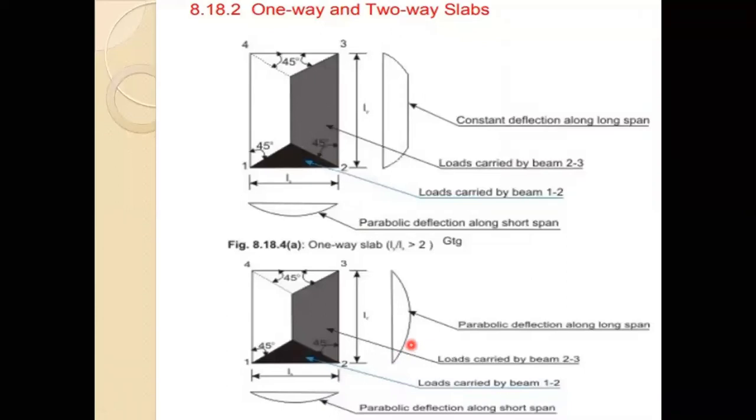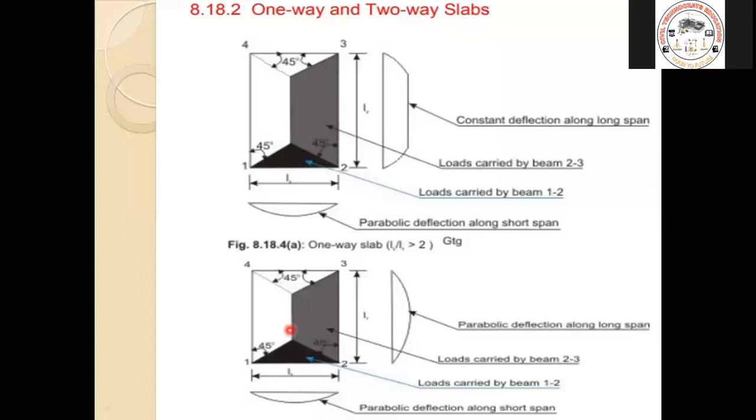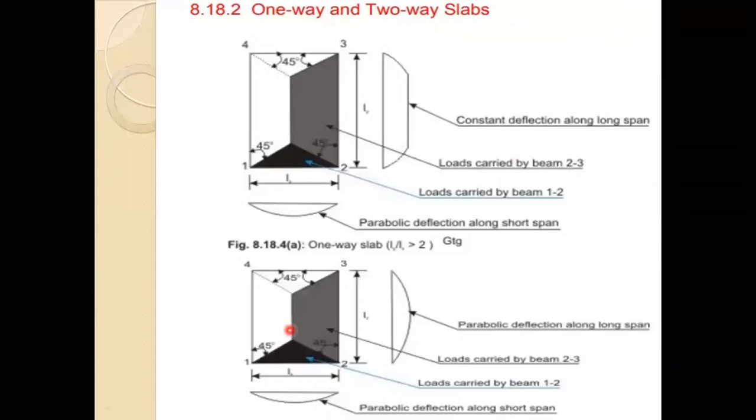That is why in this type of slab the main steel is provided along both directions, parallel to the x direction as well as parallel to the y direction. So here the main steel is provided in two directions, so it is called a two-way slab.